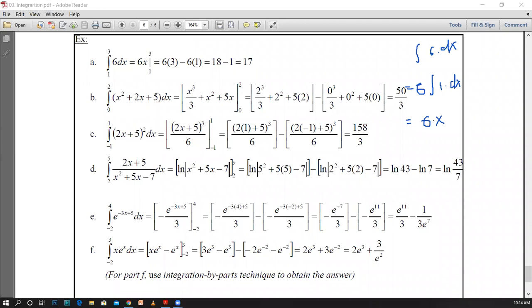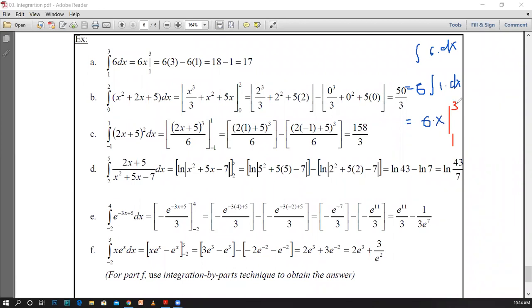Now you have to apply the region. Here the region is going from 1 to 3. Lower limit is 1, upper limit is 3. Now you need to first substitute the upper limit in the function.